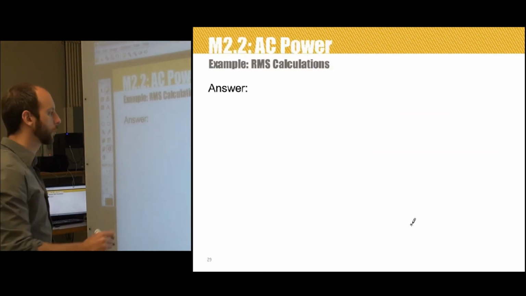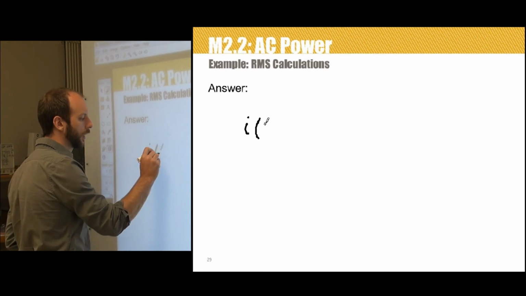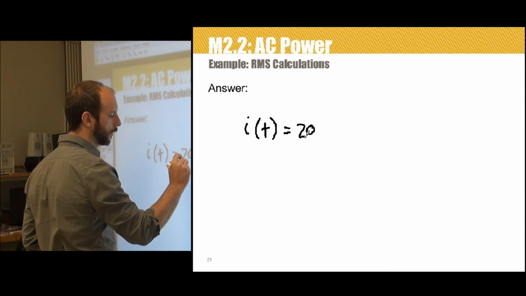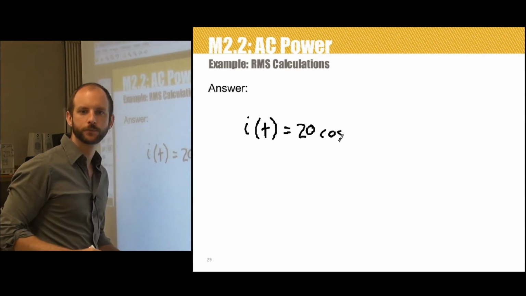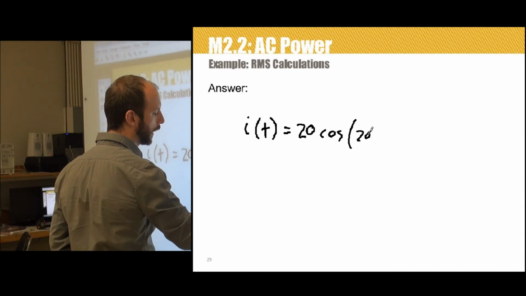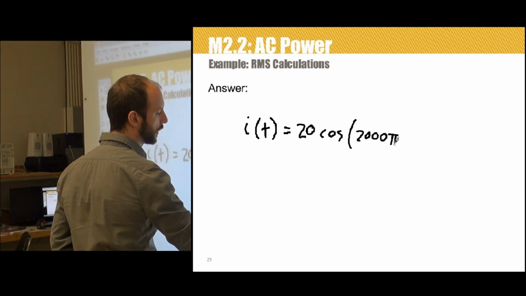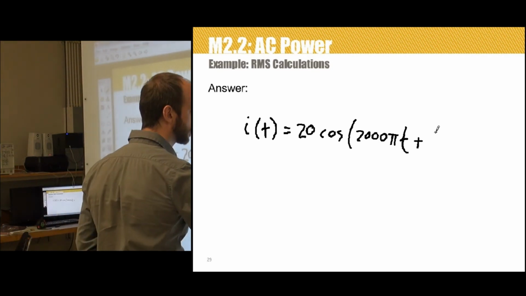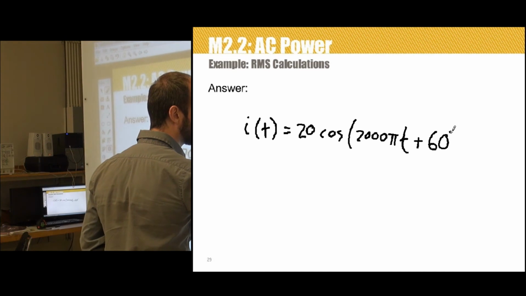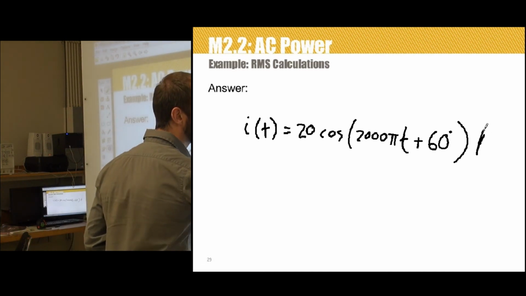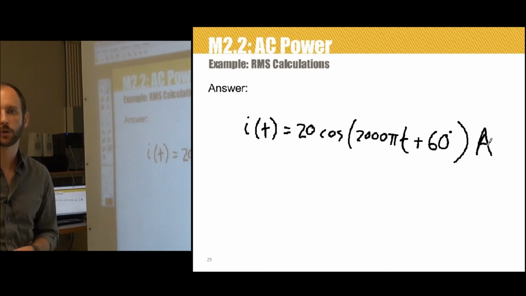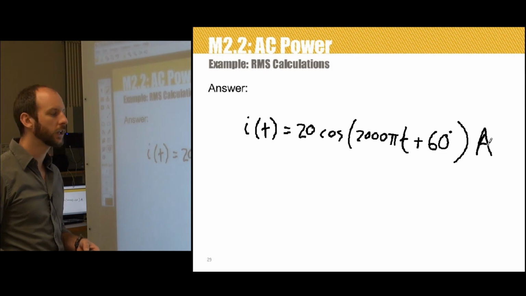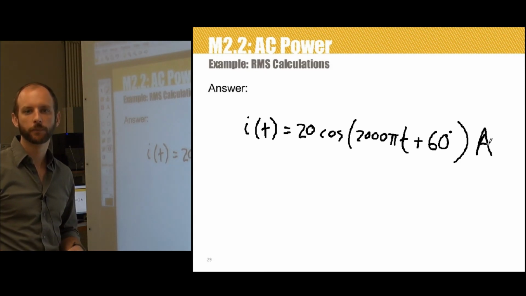So taking all that information, we can now write the time domain expression i of t is equal to 20 times the cosine of 2000 pi, which is the angular frequency, times time, plus the phase shift, which is 60 degrees. And that's a current waveform, so that's in amps. So this is what we would call the time domain expression for the current waveform. If we evaluate it at a time t, that's what gives us the instantaneous value.